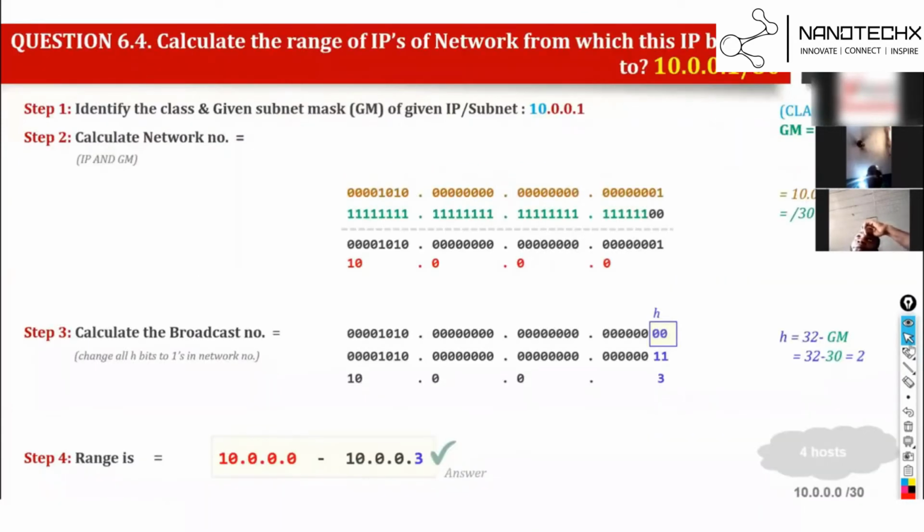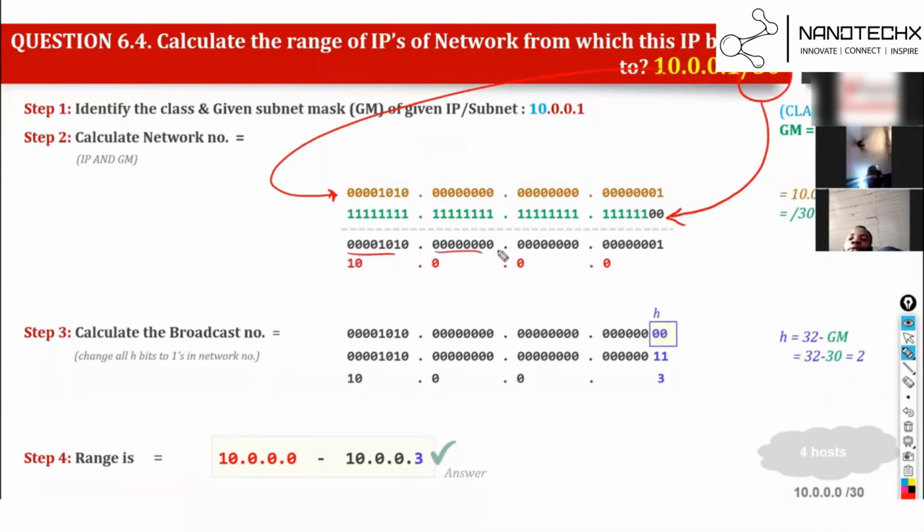Okay, then class A, which you guys are asking. So in class A, same thing, nothing will change. If you understand one, you understand everything. What is the class? Class is A. What is the given subnet mask? /30. Again, what will we do? Very simple. We write our IP address here in binary, we write our subnet mask in binary, and we perform an AND operation on both of them.